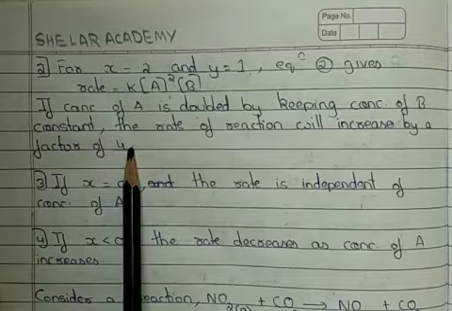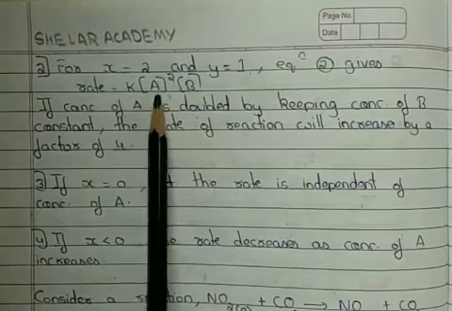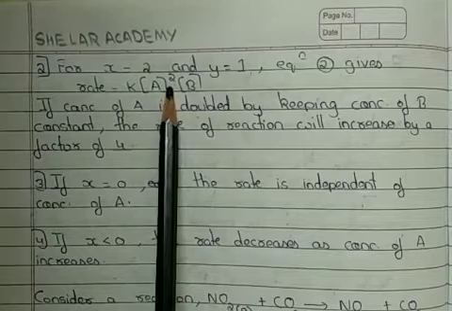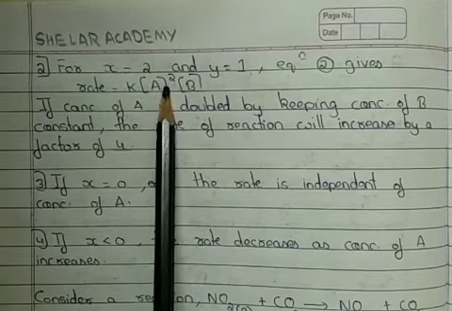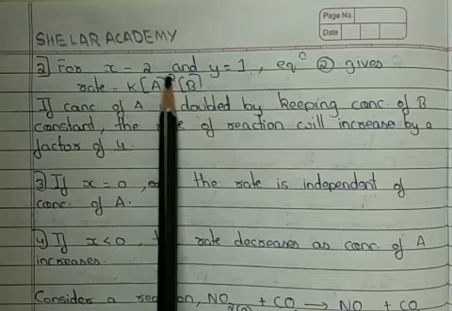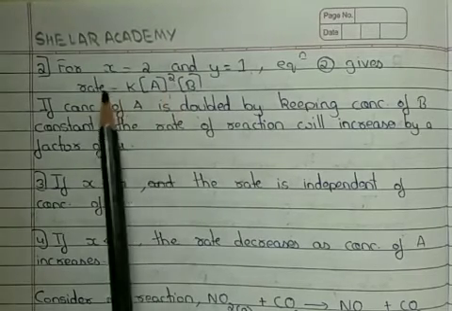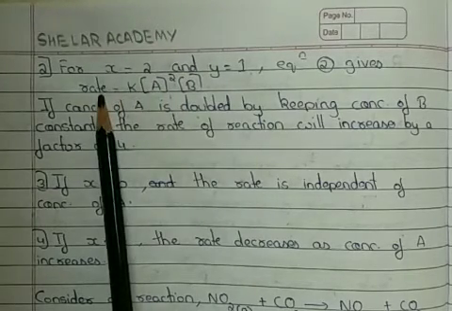Why will it increase by a factor of 4? Because right now, with the concentration of A, the exponent is 2. So whatever factor we apply to A, the square of that will be the factor for the rate.